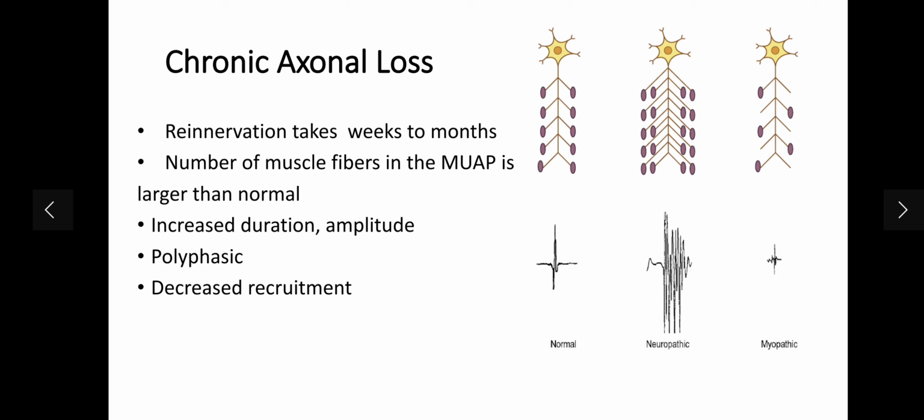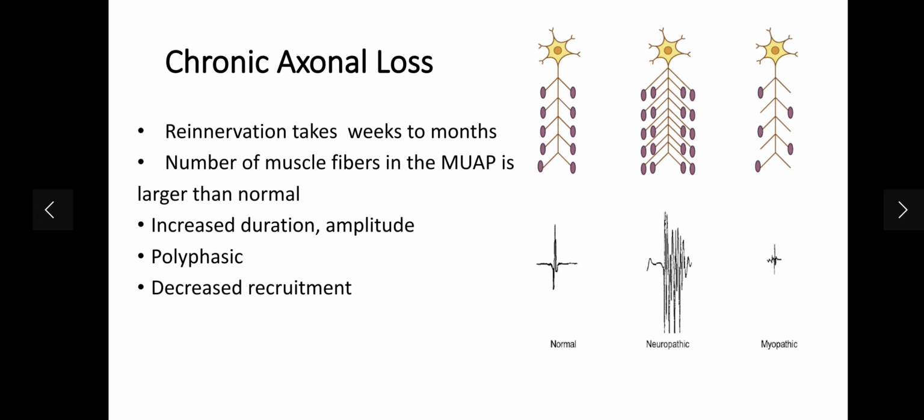If you look at the shape, you can see the normal anterior horn cell attached to, say, 10 muscle fibers, but after acute axonal loss and then denervation followed by re-innervation, the anterior horn cell will be connected to more muscle fibers to compensate for the loss of anterior horn cells.